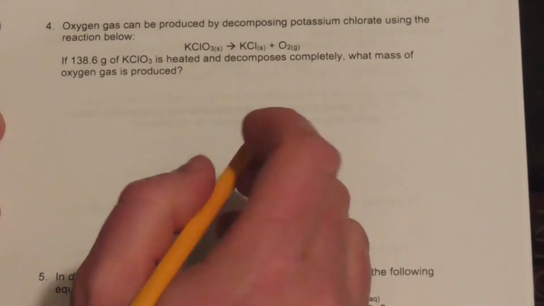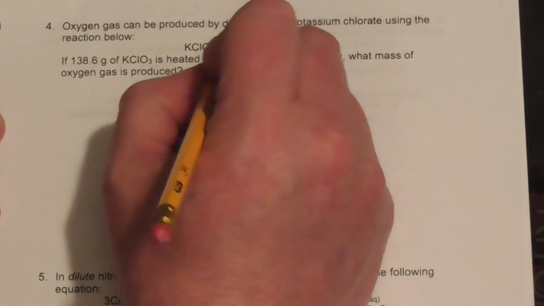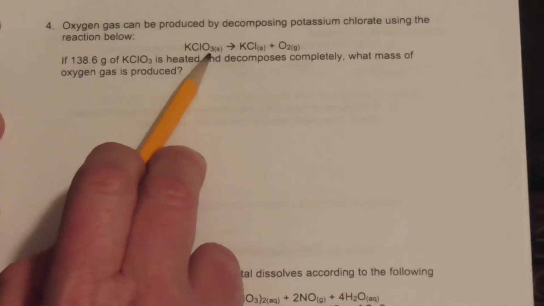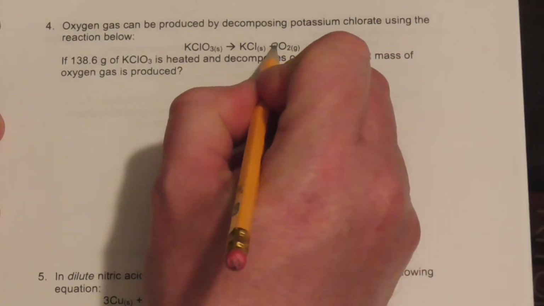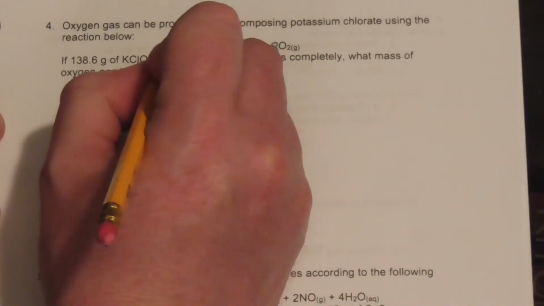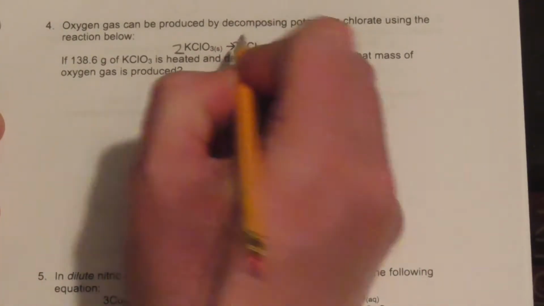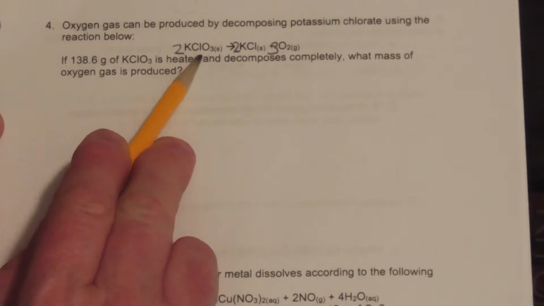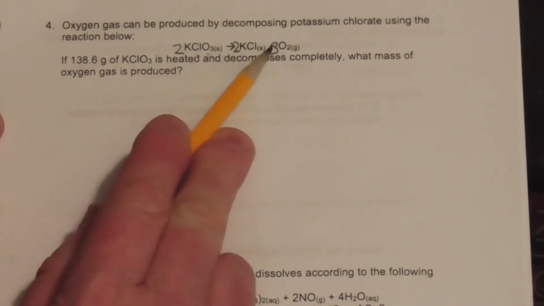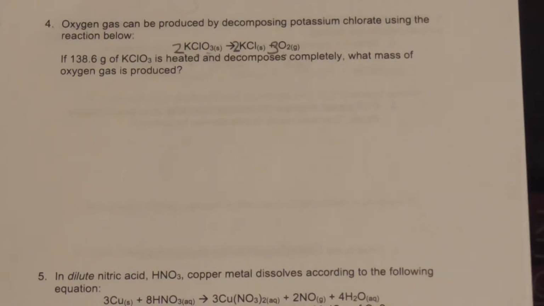Now, the best way I can figure is to have the lowest common multiple of these. If I had 3 O2s, and I had 2 KClO3s, and I had 2 KCl's. Now I have 2 potassiums, 2 chlorines, 2 chlorines, 6 oxygens, 6 oxygens. I have everything that I need.